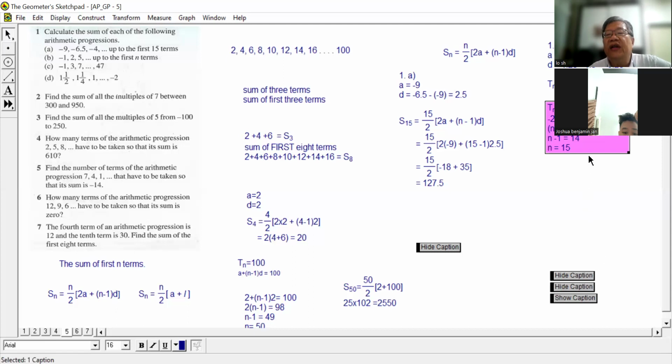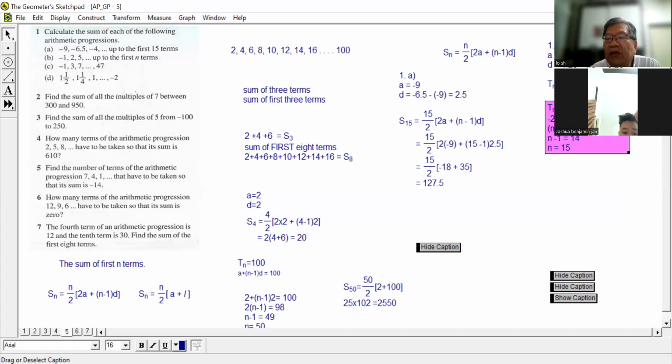So I call it Tn. Tn is a plus n minus 1 d. Tn is -2, a is negative 1.5, n don't know, d is negative 0.25. Now again, look at how I do it. I didn't open up the bracket.